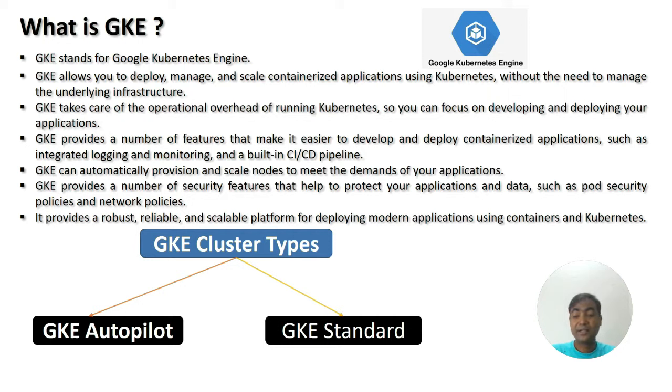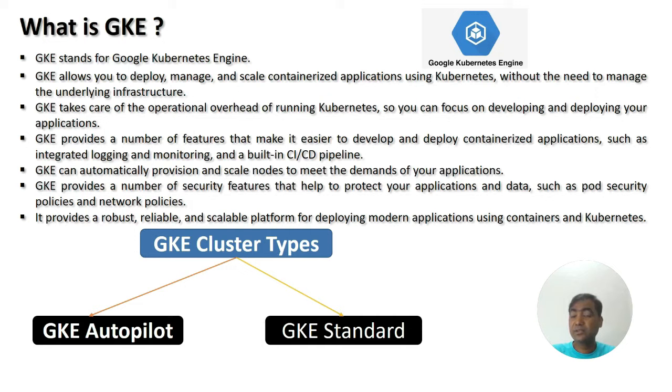GKE also provides a number of features that make it easier to manage your Kubernetes cluster, like automatic provisioning and scaling of nodes, automatic upgrades and repairs, integrated logging and monitoring, security features such as pod security policies and network policies, and more.